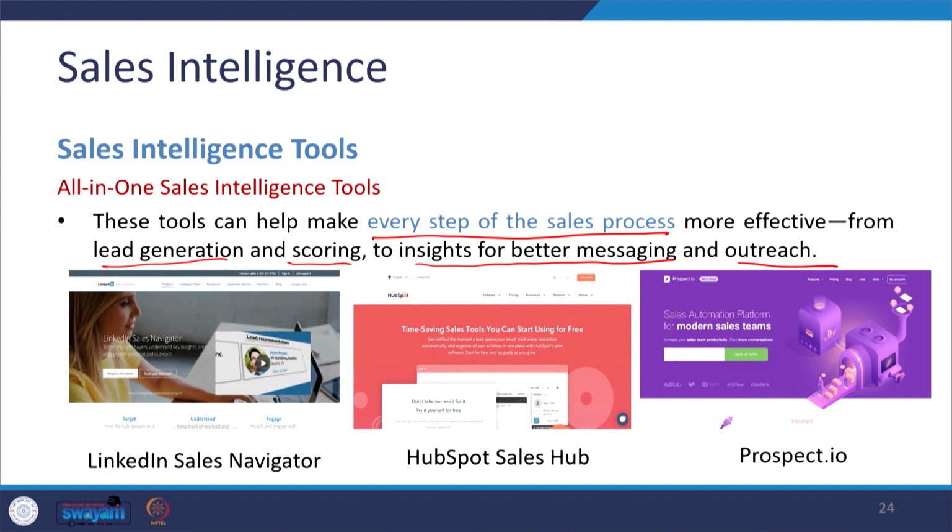For example, I have just listed a few of them here. One which is largely used across businesses is LinkedIn Sales Navigator. Even HubSpot has its own all-in-one sales intelligence tool, which is HubSpot Sales Hub, and Prospect IO is also there, which uses sales automation to give all kinds of insights to the salespeople or users of the software, so that they can manage every step of the sales process.